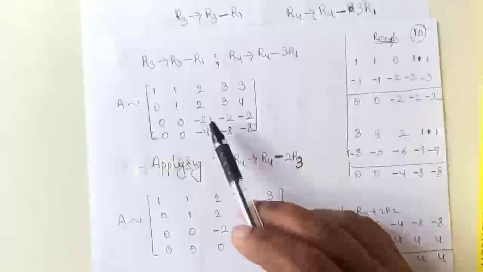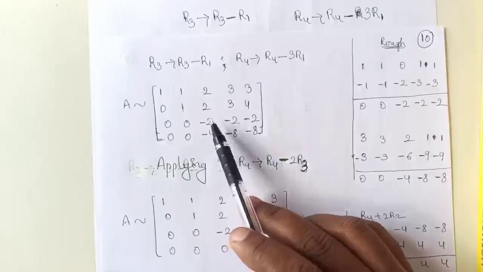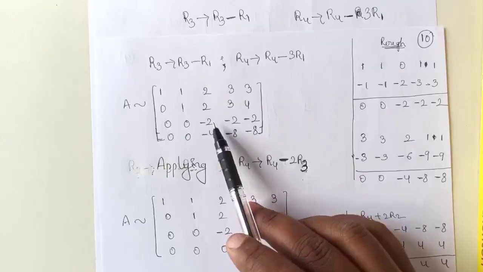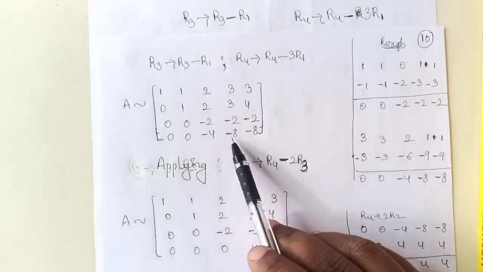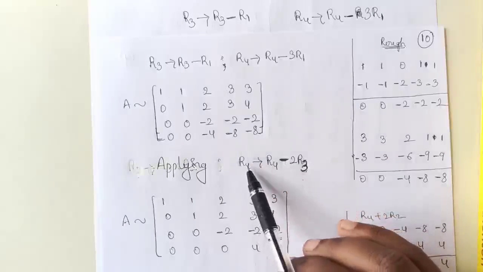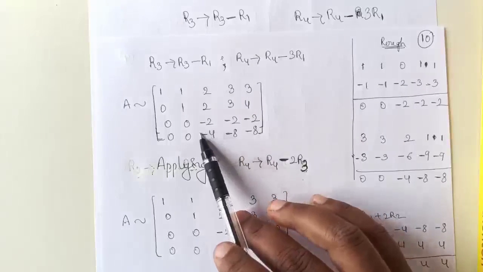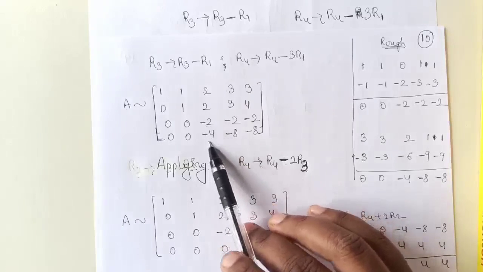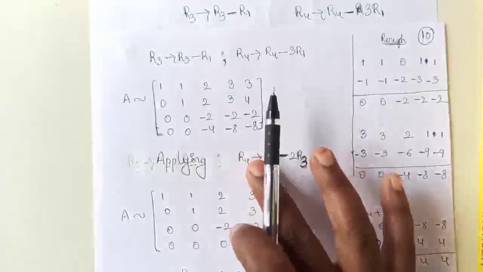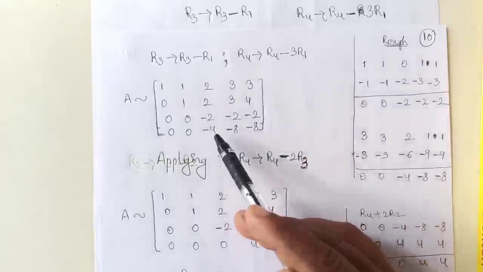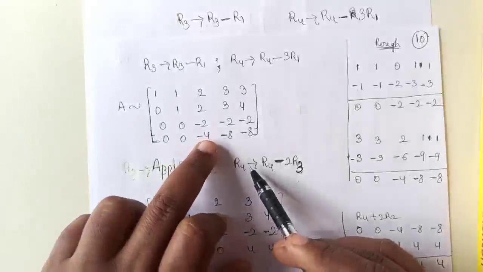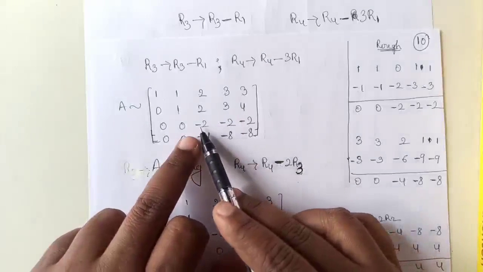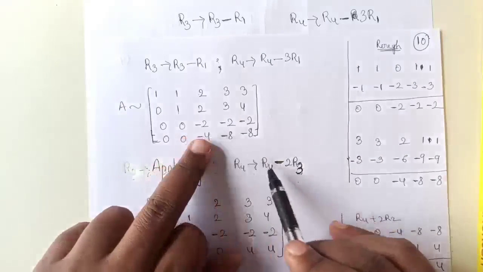If you first multiply by 1 by minus 2, then you will get 1 1 1. Or you can first apply the elementary operation to make this entry 0, that is in the R4 position. Because these two are of the same sign, we have to subtract here.